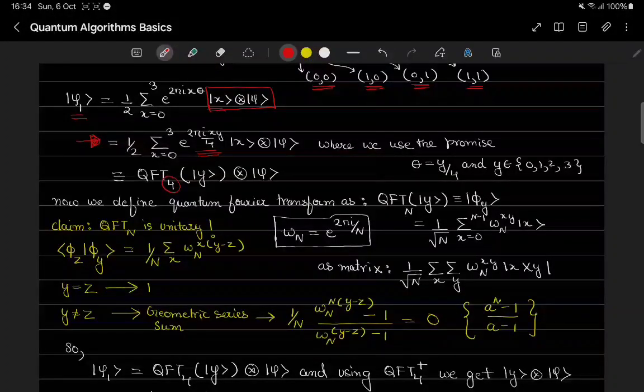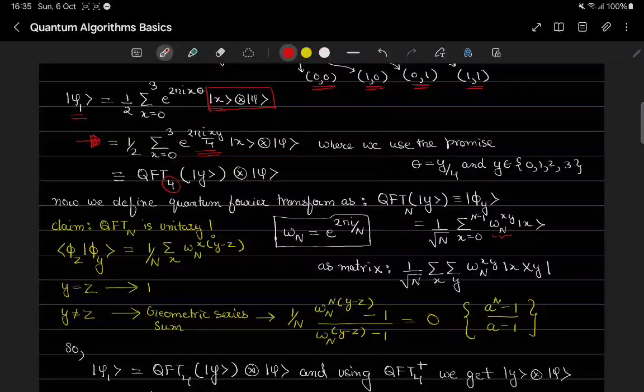I have enumerated y in this way. It is 1 over root n, you have a prefactor, then you have the sum over x equal to 0 to n minus 1 of the basis elements, and then you have omega x times y, and omega n is basically e power 2 pi i over n, this factor.